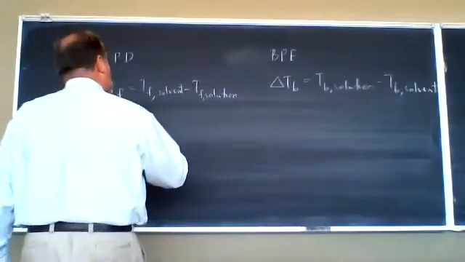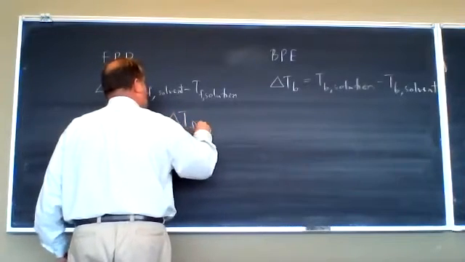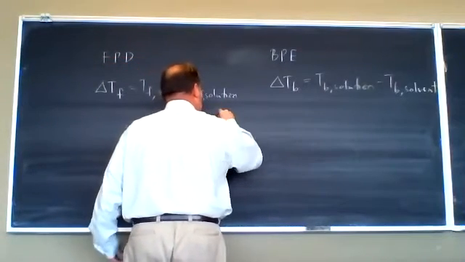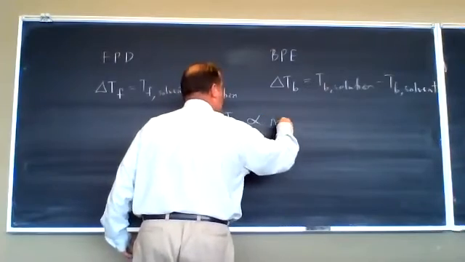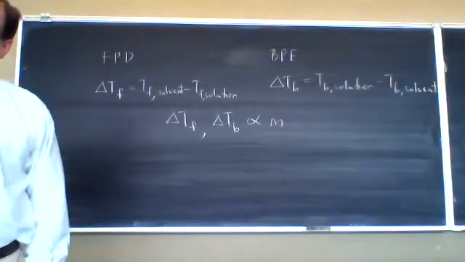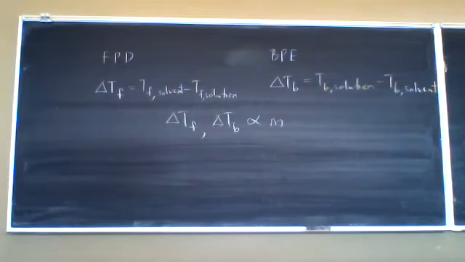And we want to recognize that both delta T sub F and delta T sub B are proportional to the molality of the solution. Back in chapter 5, when we talked about the proportional relationships between pressure and volume, pressure and temperature, volume and temperature, in order to turn that proportionality into an equivalence, we included a scaling constant.